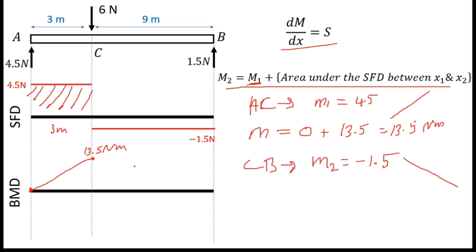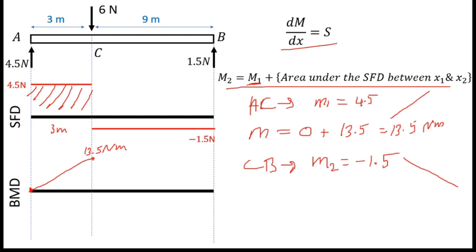Now I can draw the bending moment diagram. We know bending moment diagrams are continuous diagrams, unlike the shear force diagram. That means if the previous diagram ended at this point, the next diagram will start at this point.